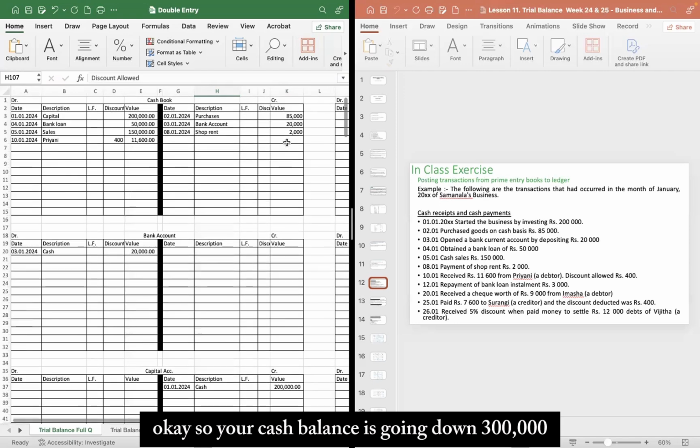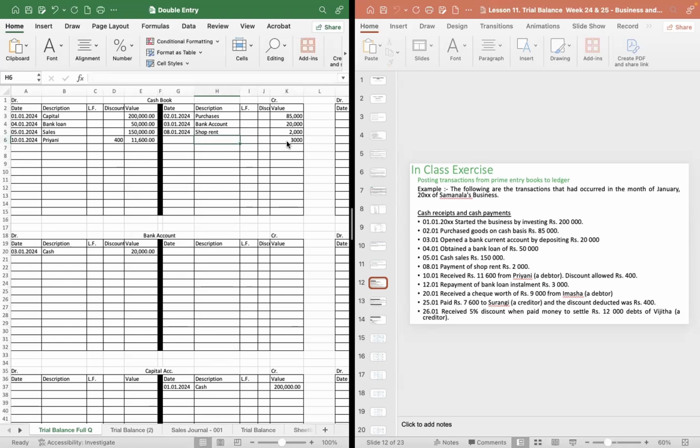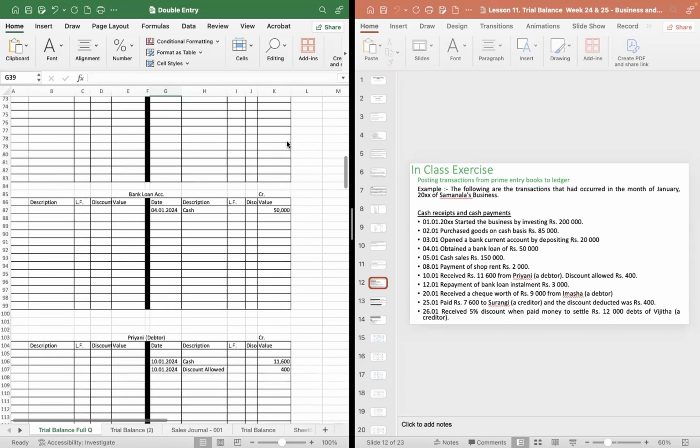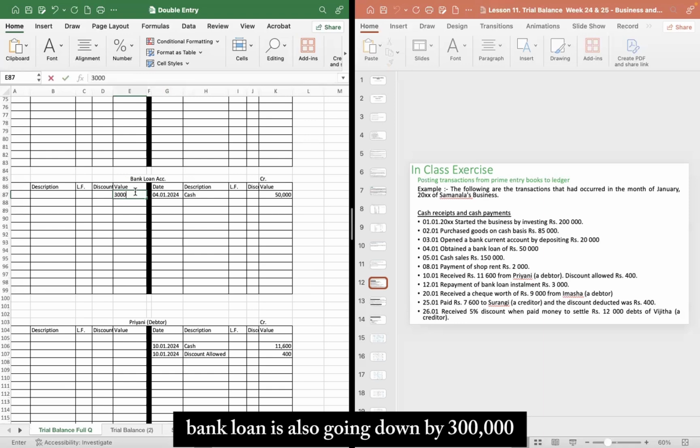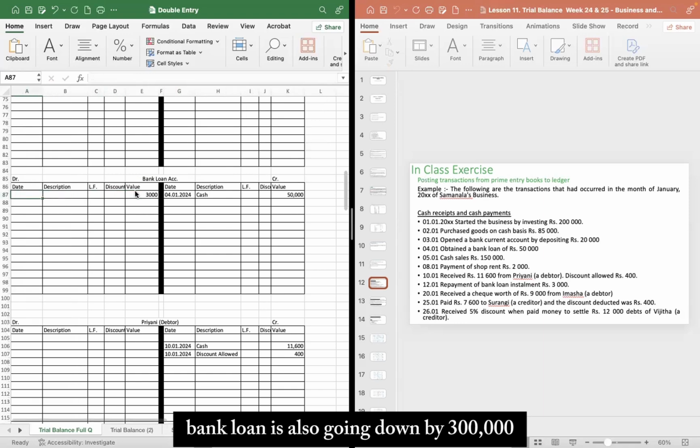So your cash balance is going down by 300,000. Bank loan is also going down by 300,000.